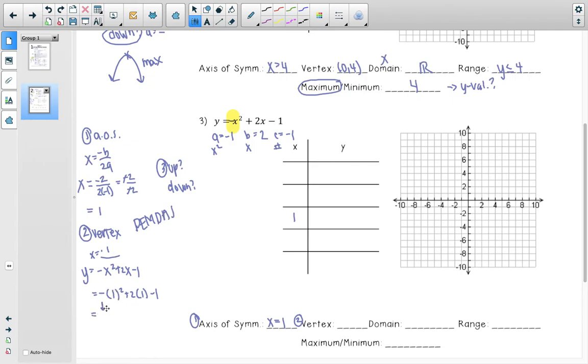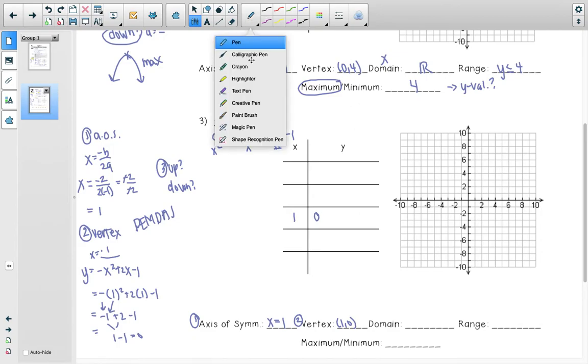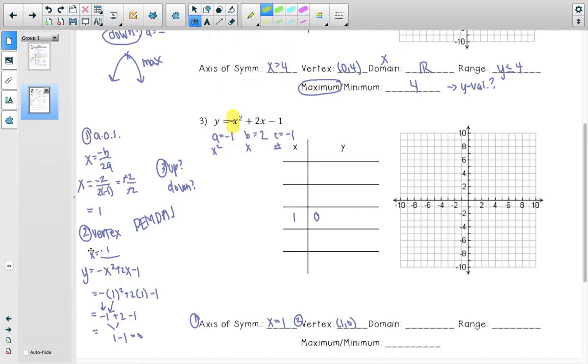So I'm going to drop down the negative, and 1 squared is 1. 2 times 1 is 2, and then minus 1. So negative 1 and 2 gives you 1, minus 1 is 0. So our vertex is the coordinate point of 1, 0, just to show it to you. So we got this, which is right there, and then we found the 0, which gives us this right here.